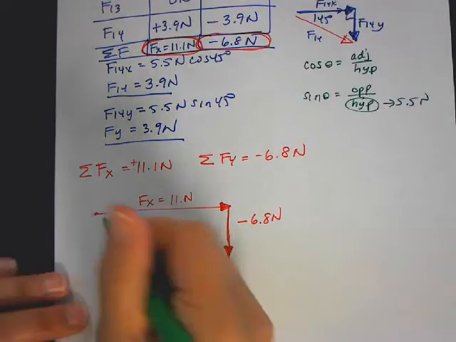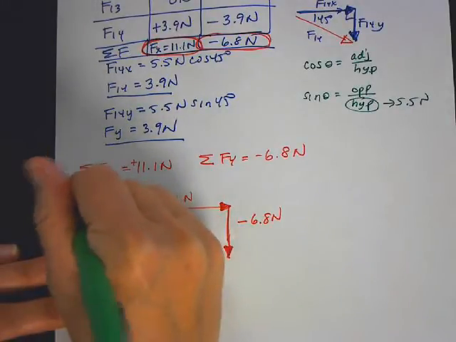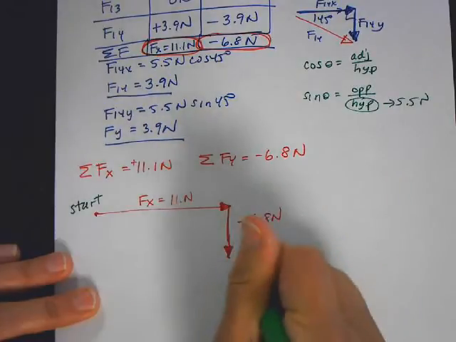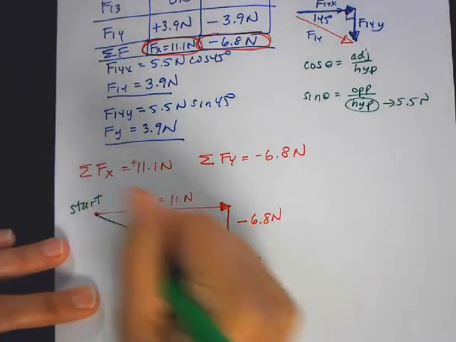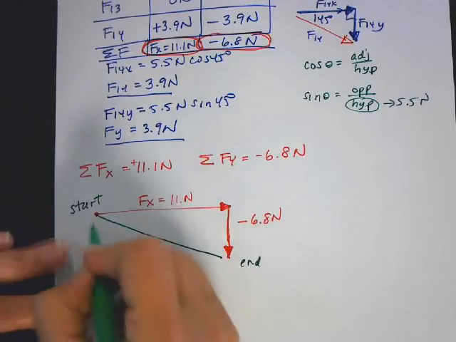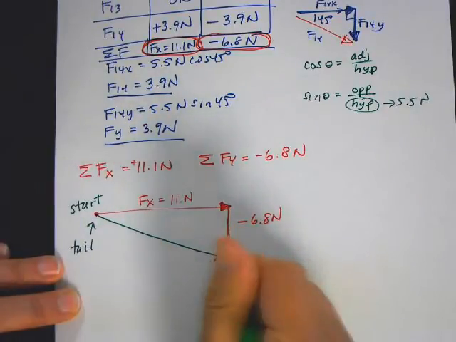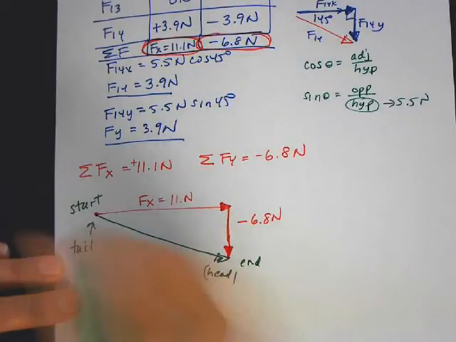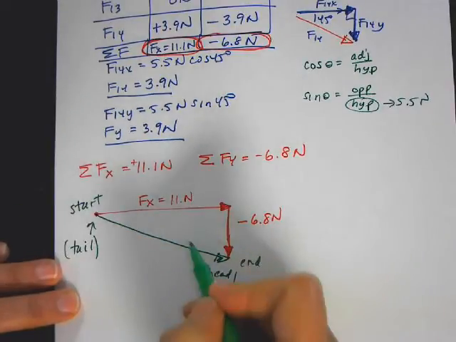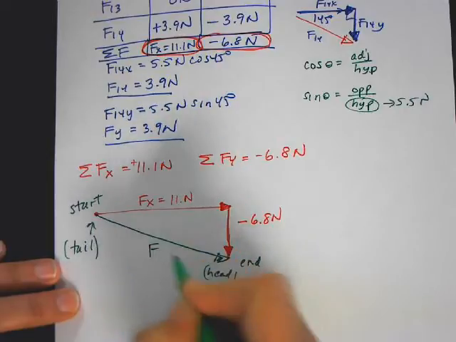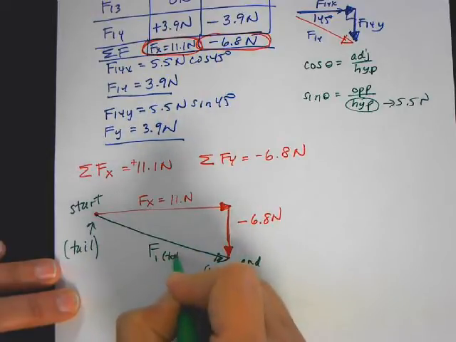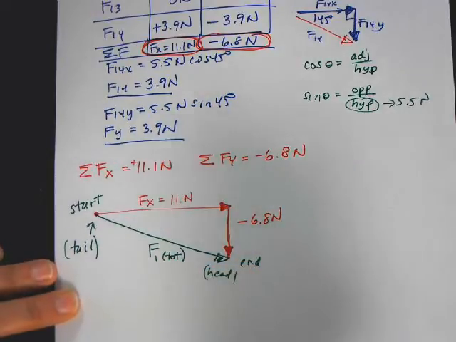This is just F1 total. So F1 is going to be the square root of Fx squared plus Fy squared. I'm just using the Pythagorean theorem. So that's equal to 11.1 squared plus negative 6.8 squared. And then I take the square root.